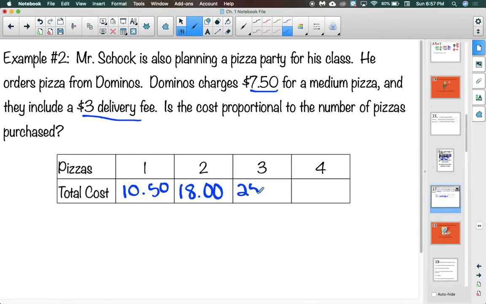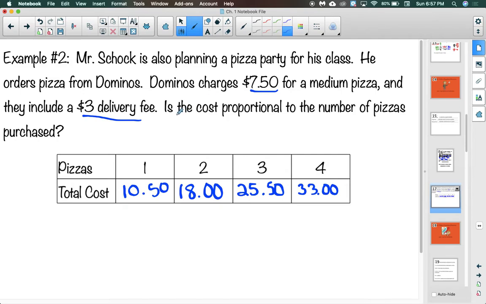That's $25.50. And 4 pizzas would be $30 plus a $3 fee, which is $33. Okay, so there's our table.